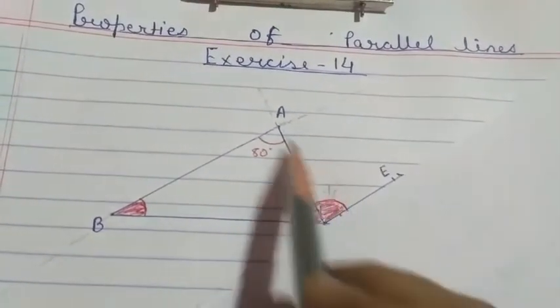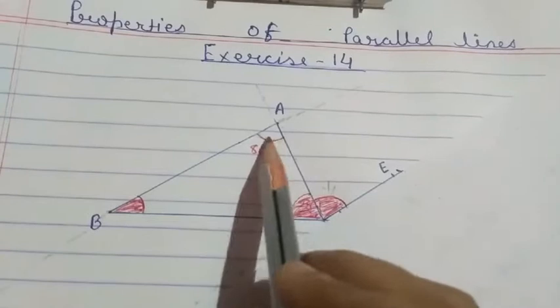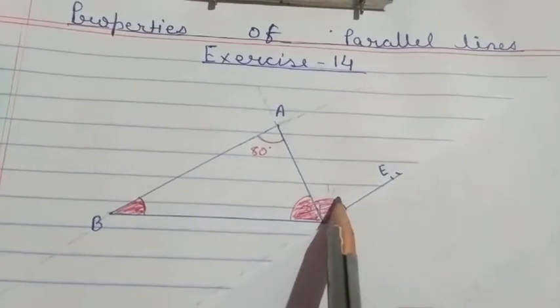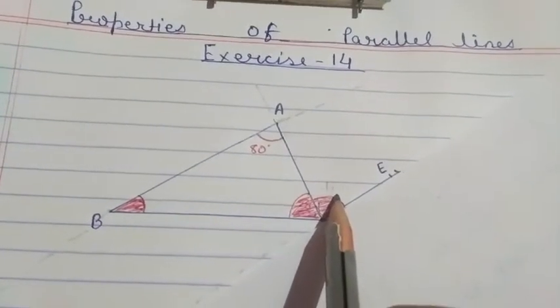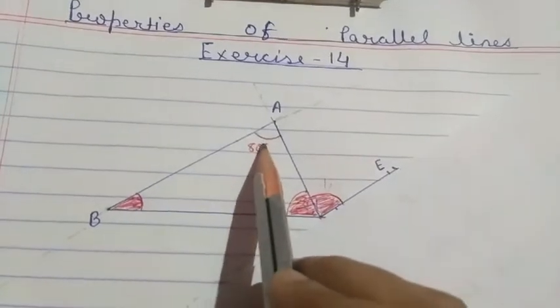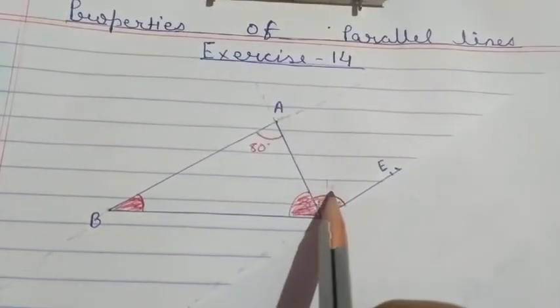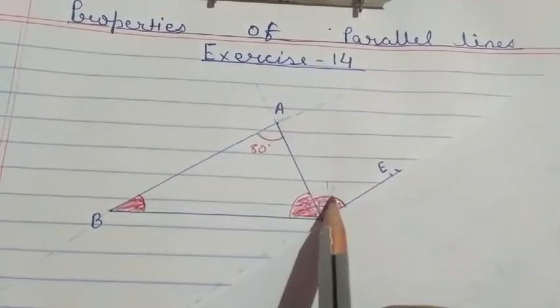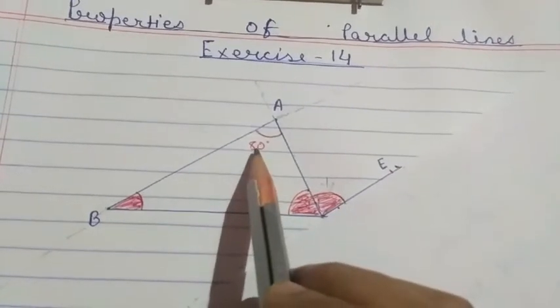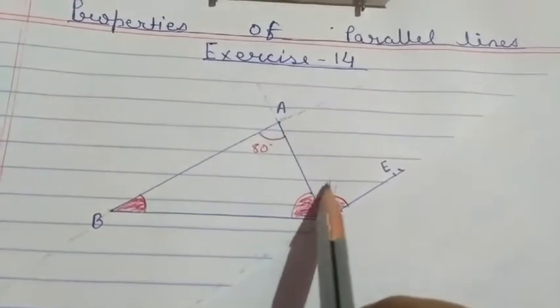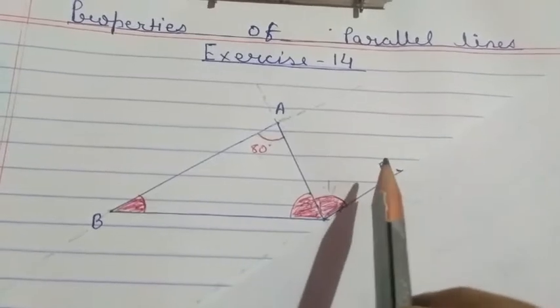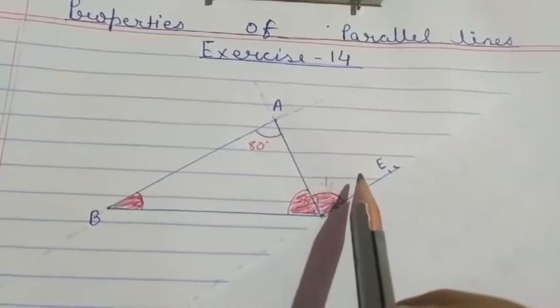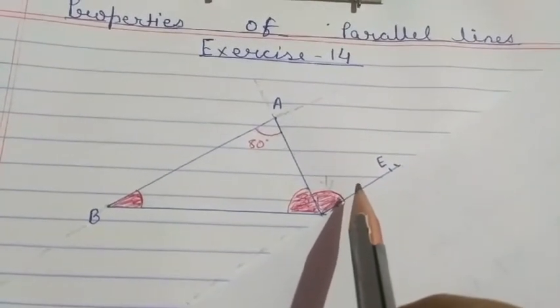You can see carefully, both angles are alternate interior angles. So you know that alternate interior angles are equal to each other. That means if this one is 80, this one is also 80, by the property of alternate interior angles.